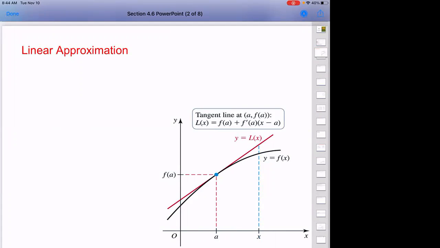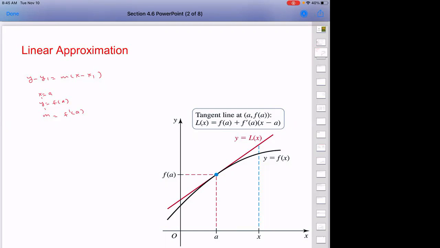So you can start with y minus y1 equal to m times x minus x1. Let's say the x coordinate is a. What is the y coordinate then? f of a. If x1 is a, y1 is f of a. What is m, the slope? The derivative of the function at the point a.